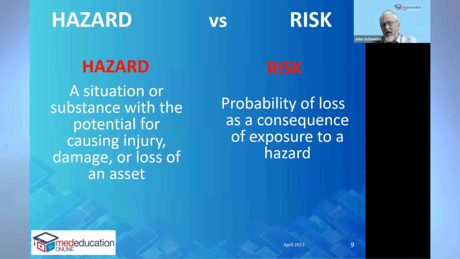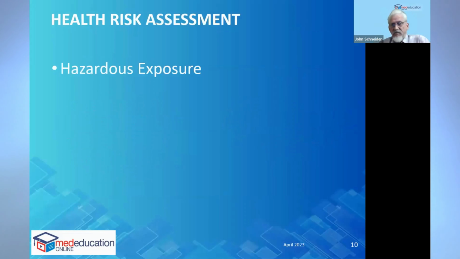Risk really involves determining the consequences and the probability that something nasty will happen. There are lots of hazards around the place, but of course, if people aren't exposed to them, there's no risk or adverse consequences. Next one.